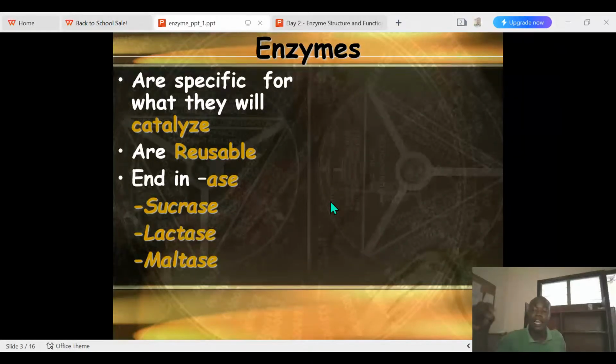If glucose is catalyzed by enzyme A, then only glucose will be catalyzed by that enzyme. And if an enzyme is catalyzing a protein, let's say glycine, it only catalyzes glycine.